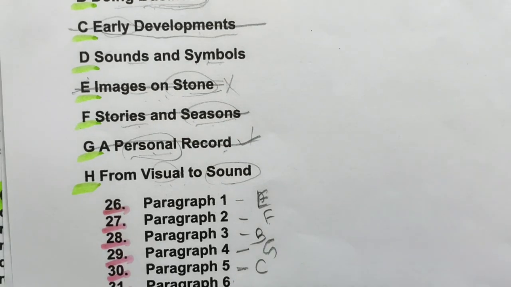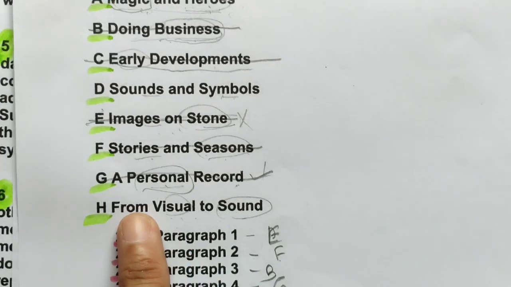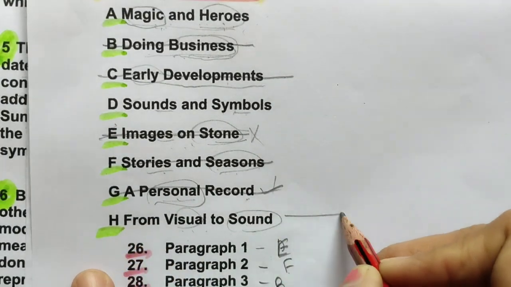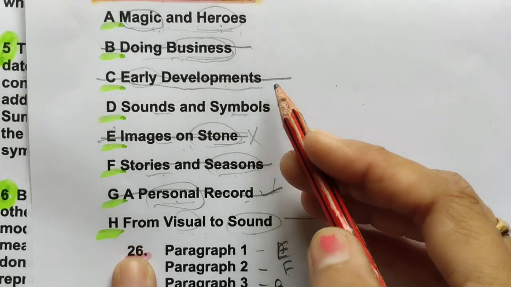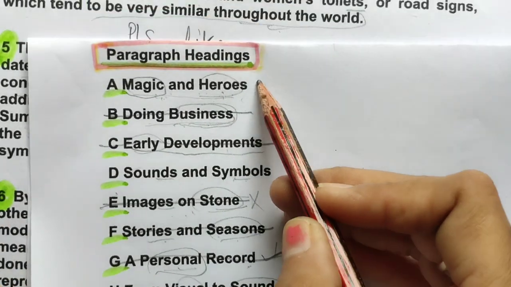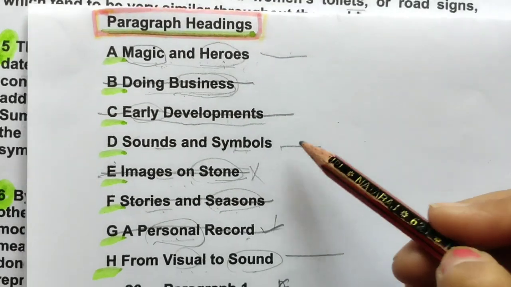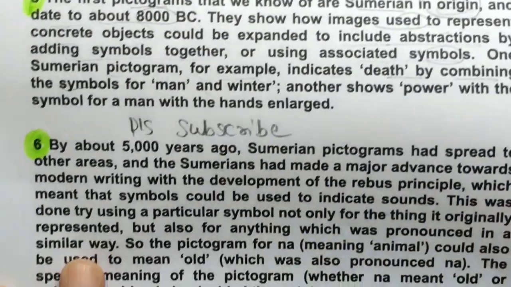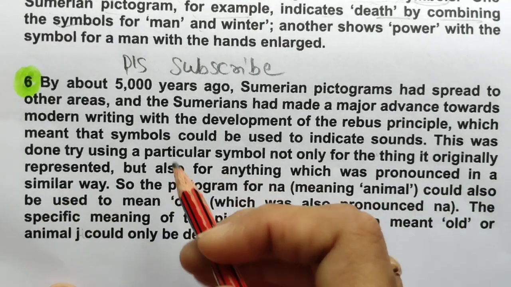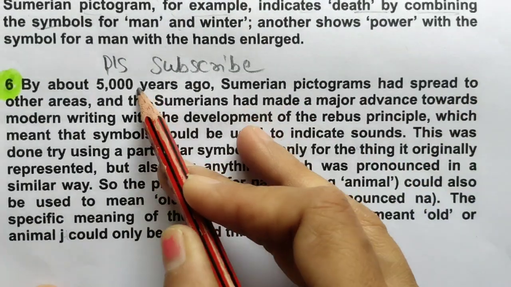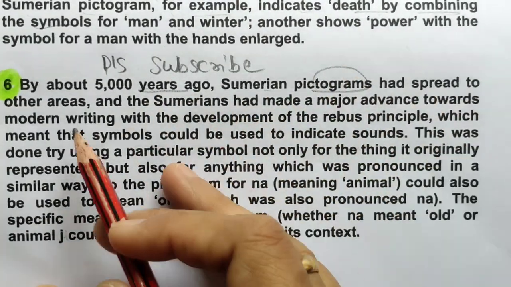Now we have 2 paragraphs left, 6 and 7, and options. This option is left, and this option is also left, and these 3 options A, D and H are left. Okay, now see 6th paragraph. By about 5000 years ago, Sumerian pictograms had spread to other areas.